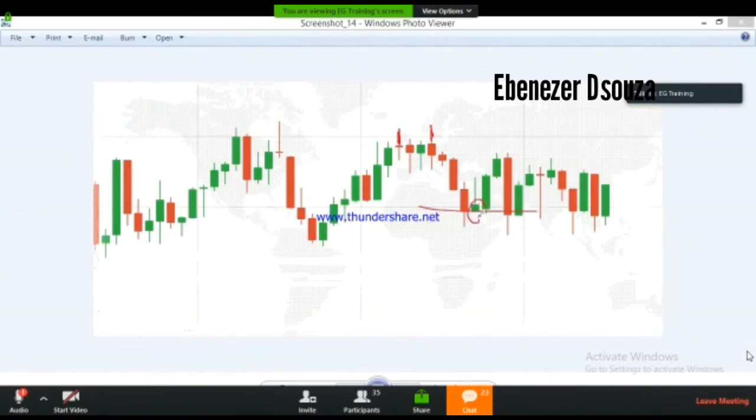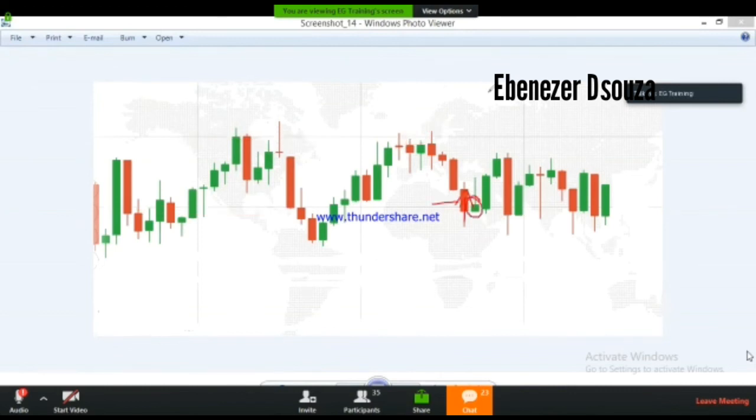If you get any confirmation, you can go with buyers. Get any confirmation, you can go with sellers. If there is no past history within 1 day or within 2 days available, then we can see the round number. Actually here we don't know where the strong level is, right? In this type of situation we need to see the round number, right? There is a round number, there is a chance to reverse.